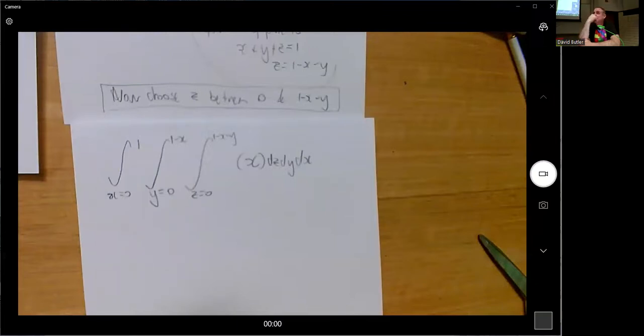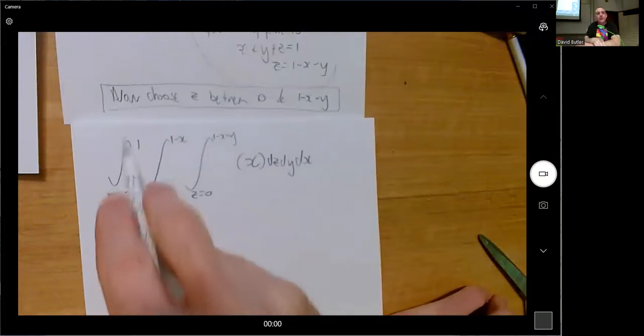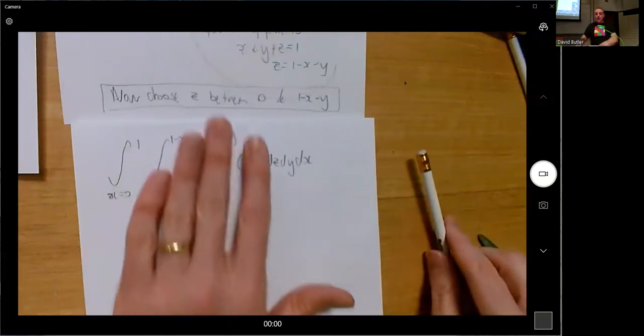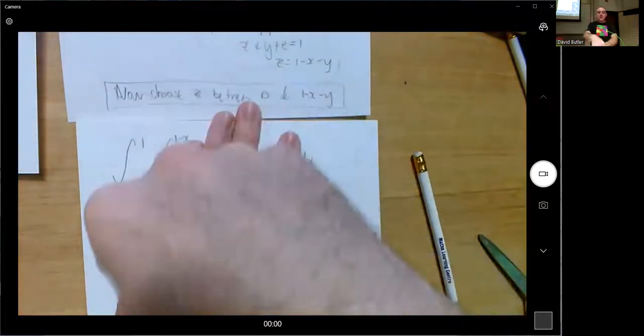I've done something here which your lecturer probably doesn't do, but I can't do this successfully every time without doing it, which is to remind myself what variable these numbers refer to. This is referring to x's. Most people are okay with this matching with this.